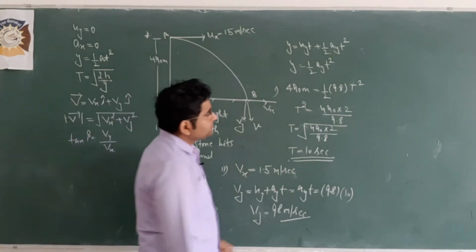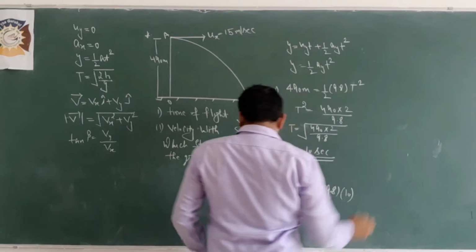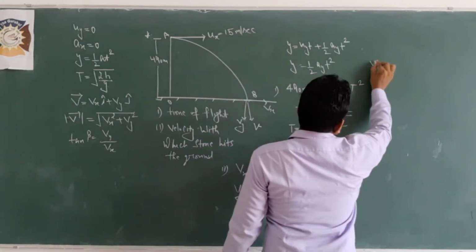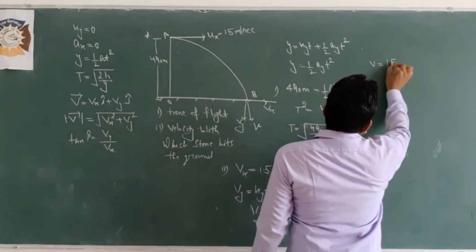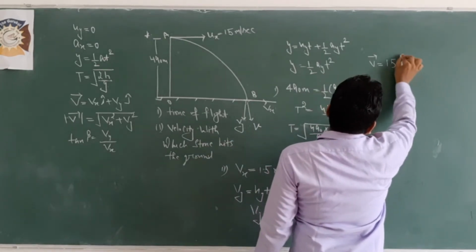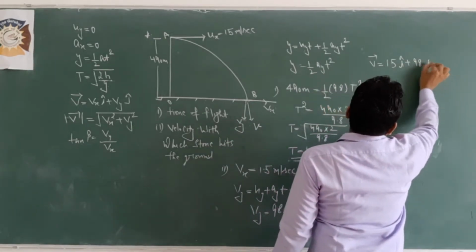Okay, now beta, the value of v is equal to 15 i cap plus 98 j cap.